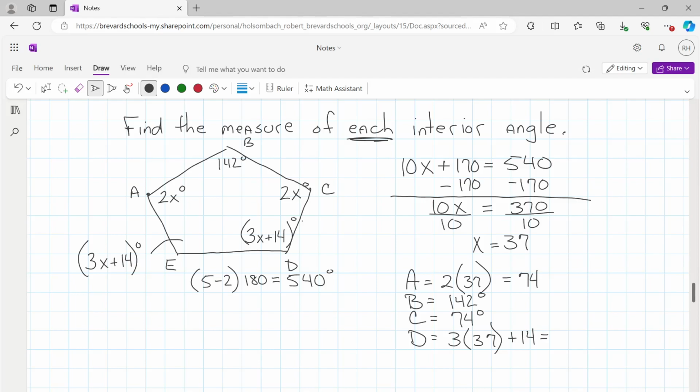And 3 times 37 is 111 plus 14 is 125. And angle E is the same as angle D. They both have the same expression, so angle E is also 125 degrees.